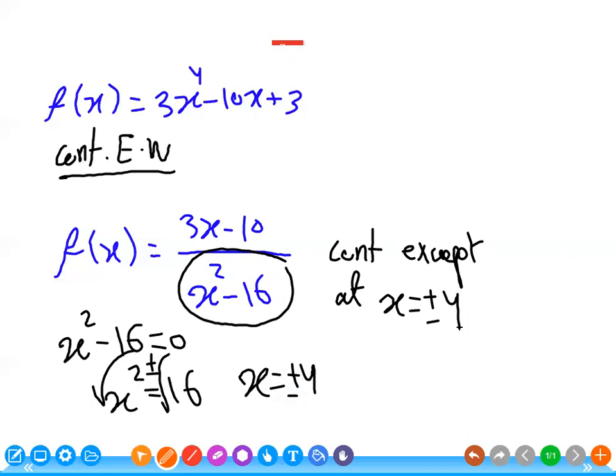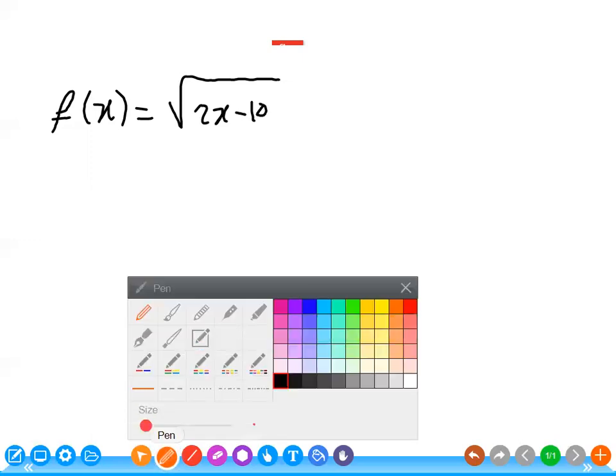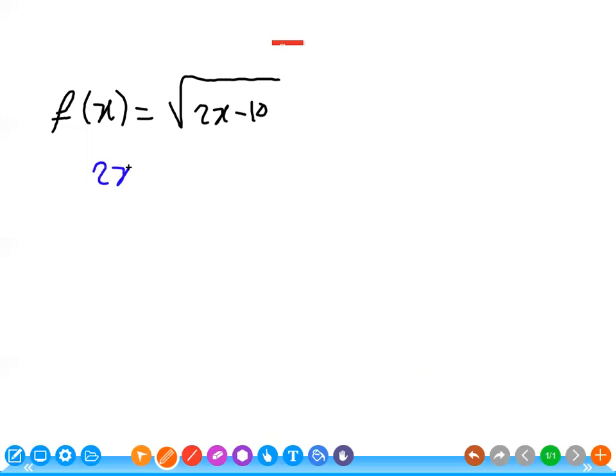That's about rational. Now, regarding radical, we say that f of x is equal to the square root of 2x minus 10. As you can see, it's an even root. Then, since it's an even, then we will say 2x minus 10 has to be greater than or equal to 0. However, 2x is greater than or equal to 10, then x is greater than or equal to 5.